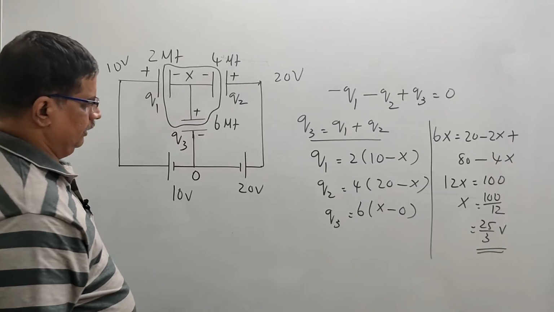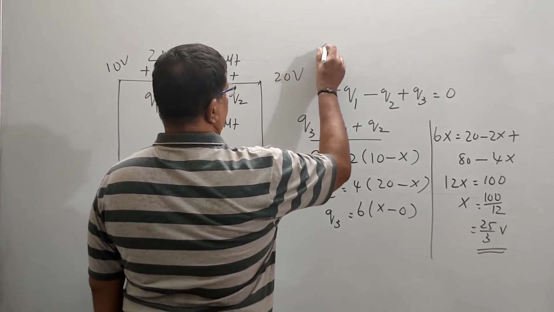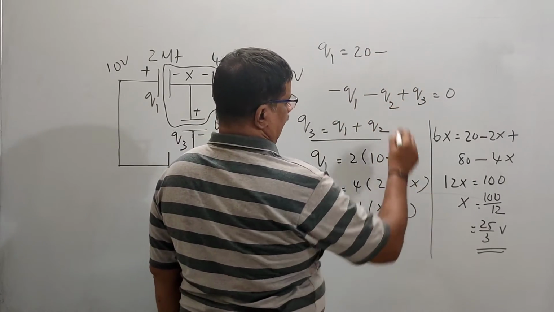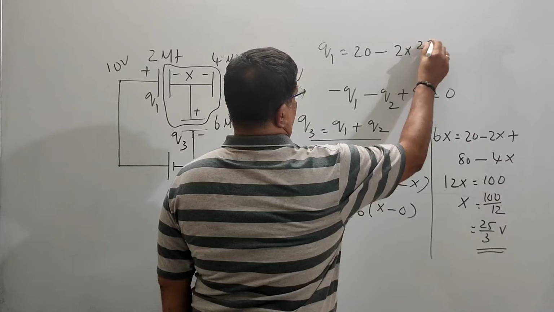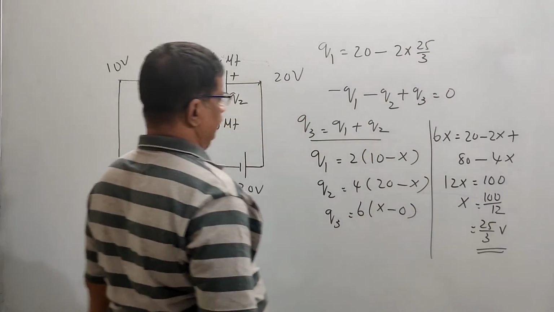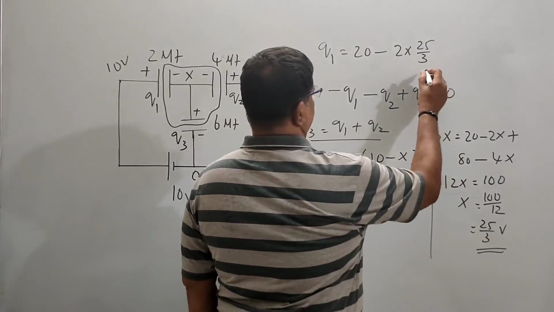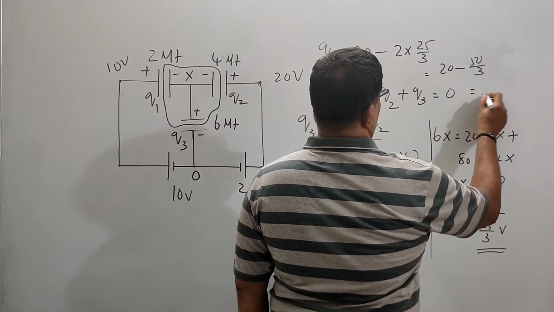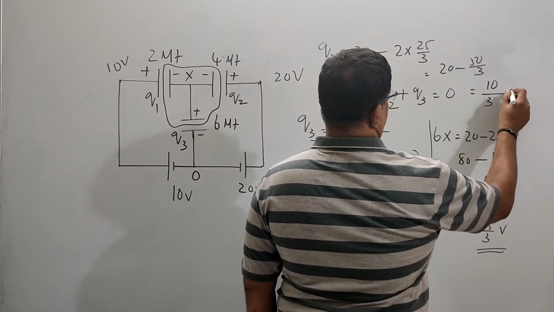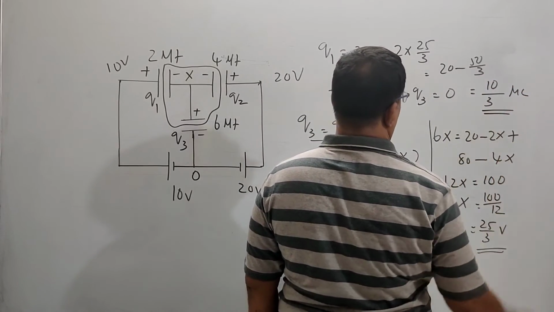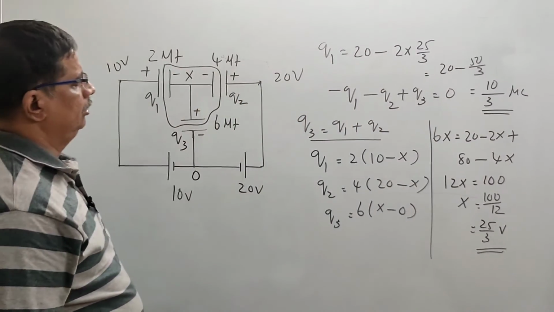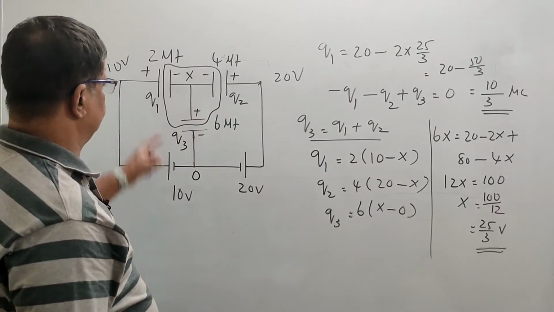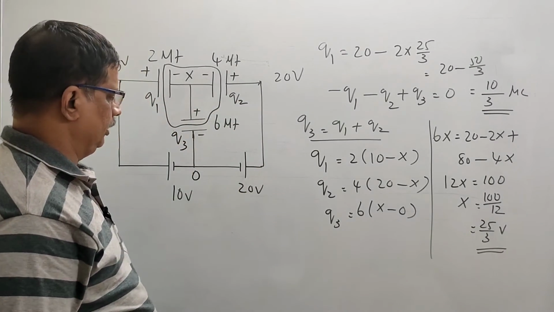So now we can proceed to find the values of Q1, Q2 and Q3. We will first find Q1, which is 20 minus 2x. X is 25 by 3, so 2 into 25 by 3. Let us simplify this. This will be 20 minus 50 by 3, which is equal to 10 by 3. So this charge is 10 by 3 microcoulomb. So the charge on the plates of the capacitor of capacitance 2 microfarad is 10 by 3 microcoulomb.